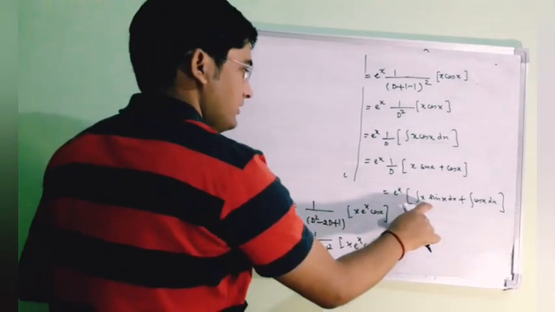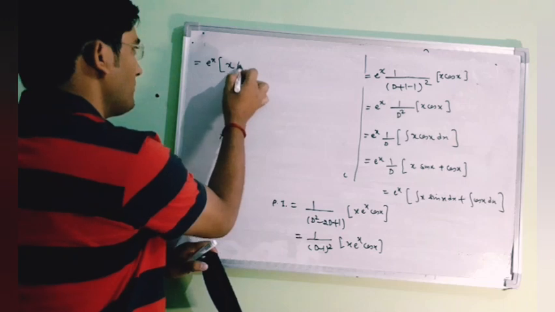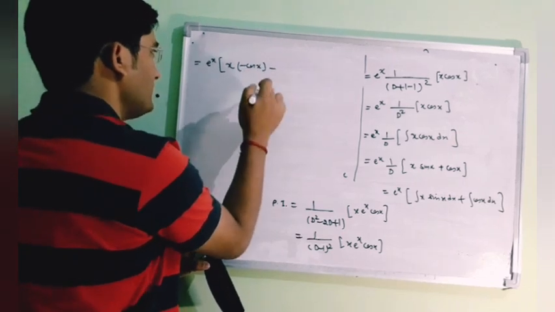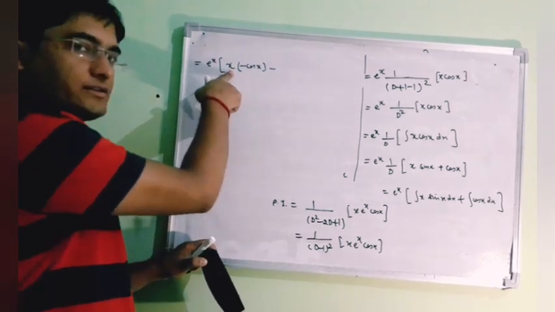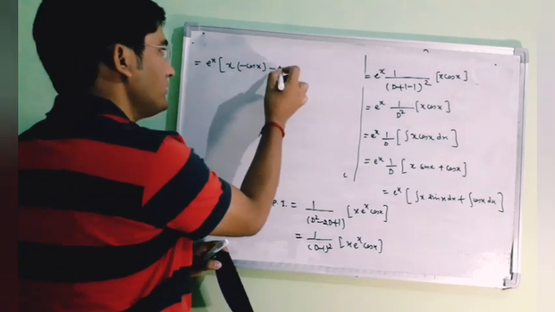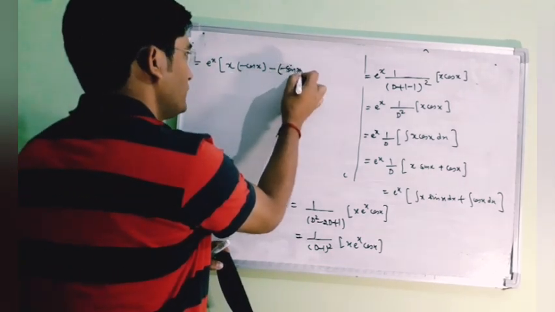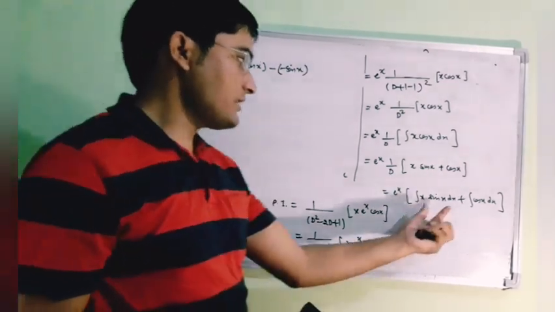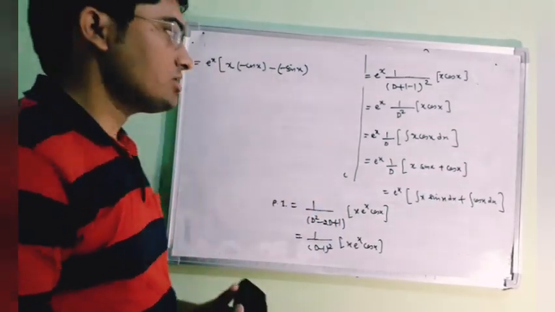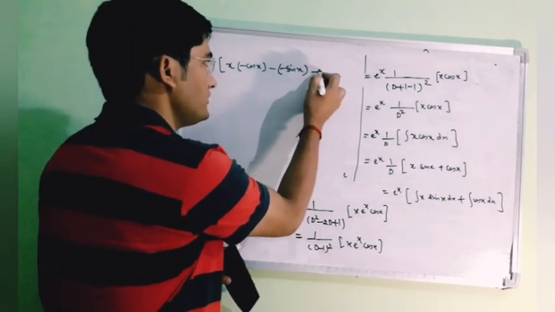Now here x into integration of sin will be minus cos, then we will have minus sin, the differentiation of x is 1, and then again integration of cos will be sin. So this is your by parts integration of this term, x into sin x, and then the integration of cos is sin x.